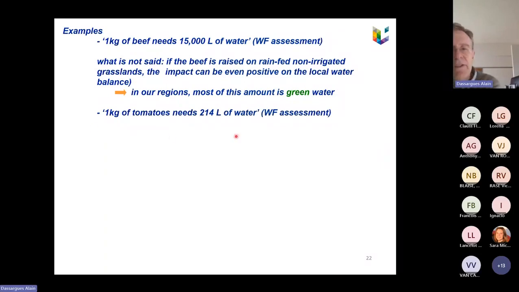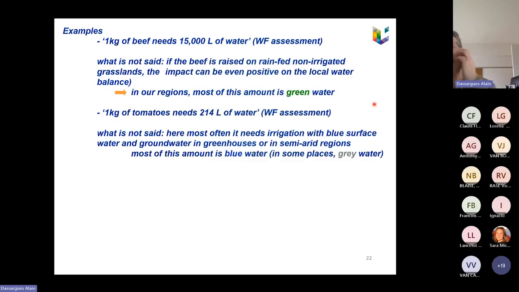1 kilo of tomatoes needs 214 liters of water, according to the water footprint assessment. This is clearly the case because most often tomatoes are coming from, let's say, arid or semi-arid regions, or from the Netherlands or Belgium in greenhouses.